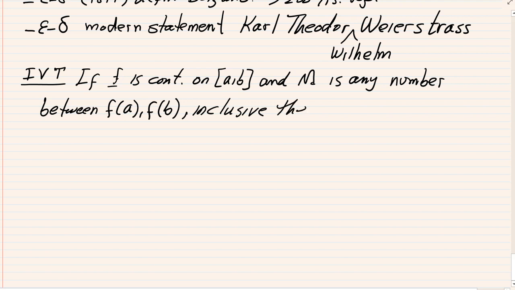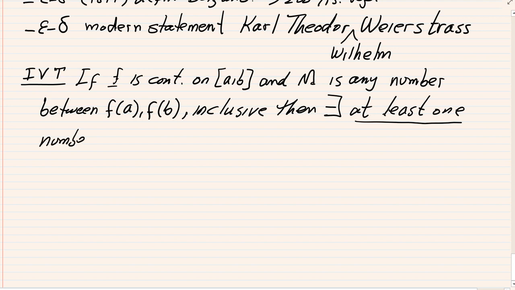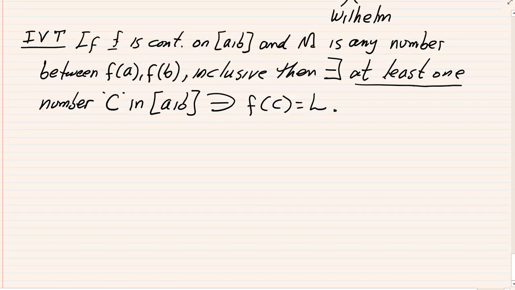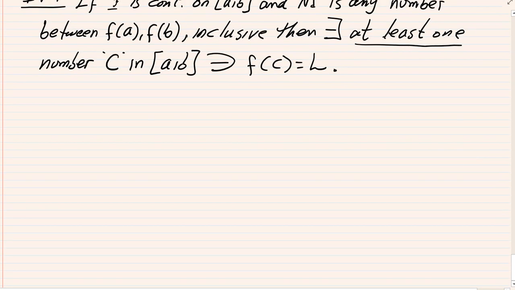Then there exists, remember the existence modifier, at least one number, it could be one or more, we'll call it c, inside that closed interval from a to b, such that f at c is equal to m. Remember, this symbol means such that.